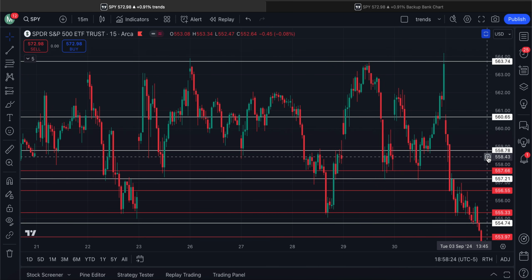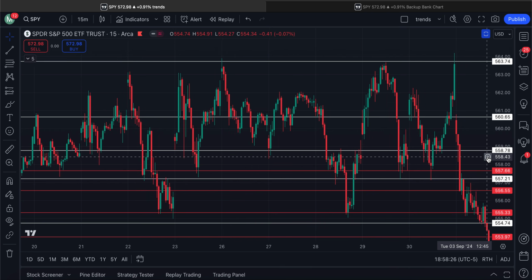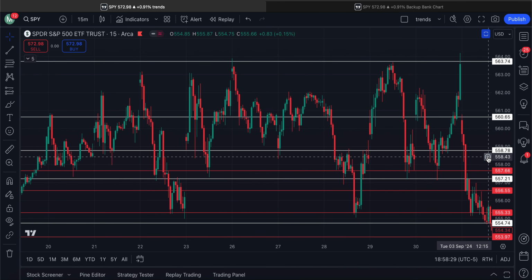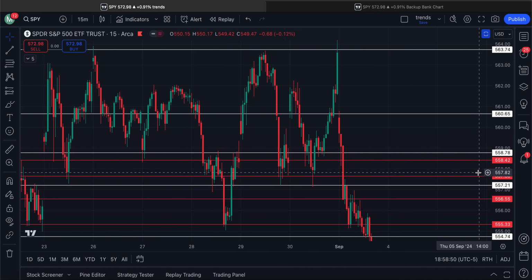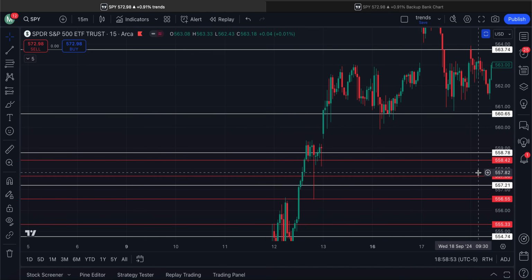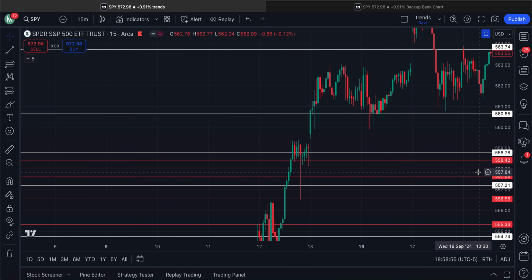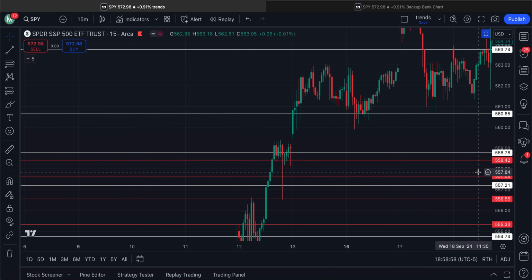And my supply zone will be from 558.78. 558.78 to 558.42 is my supply zone in this side of the range.